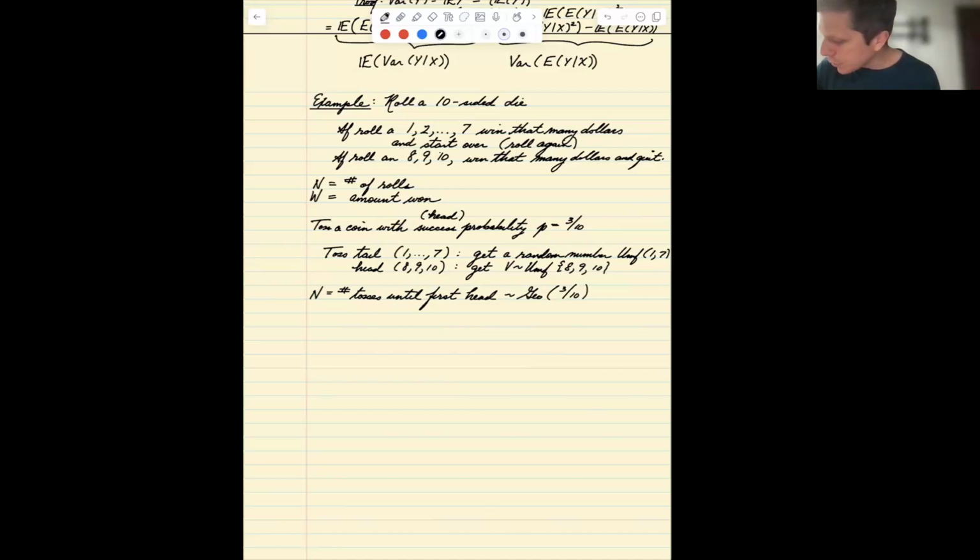And the number of dollars won, W, is V plus S_N, where S_N is the sum of U1 up through UN of these U_i's that are uniform from 1 to 7.